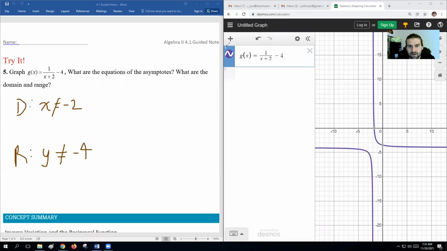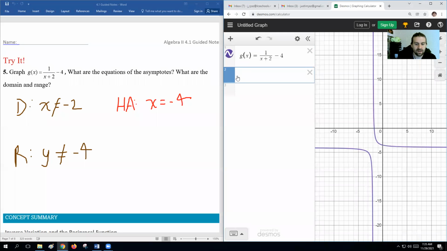All right, so now let's name our asymptotes. The one thing that's nice about our asymptotes, we can look at our domain. So our horizontal asymptote is an x equals, but it's going to be where the range does not work. So it is negative 4.